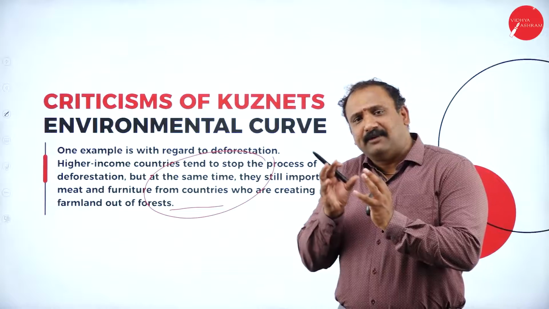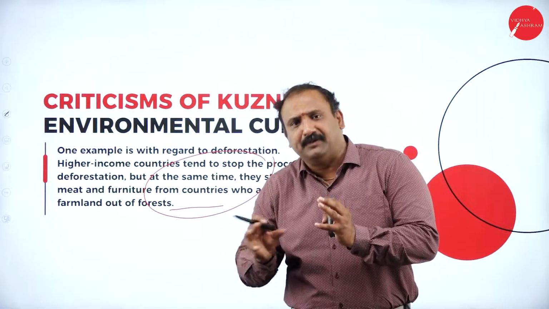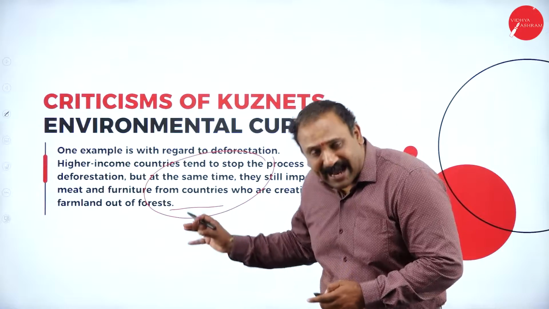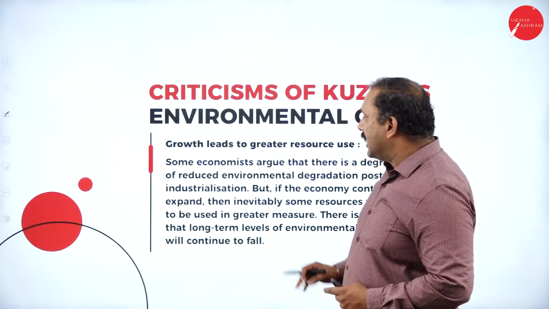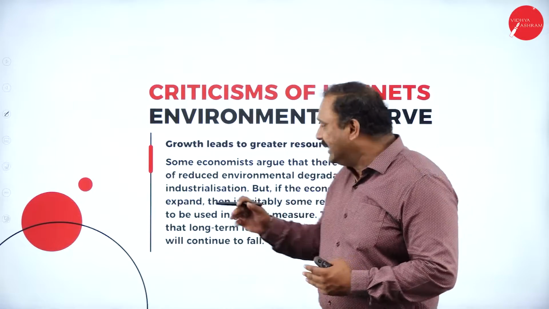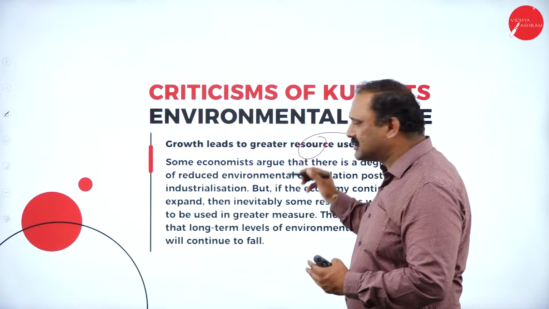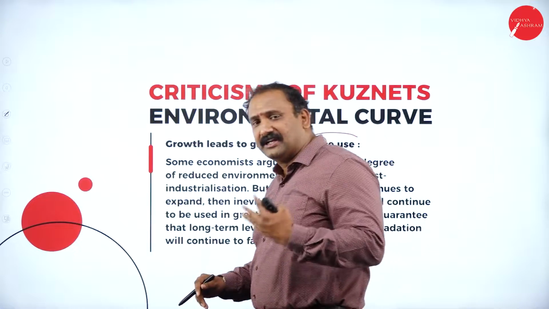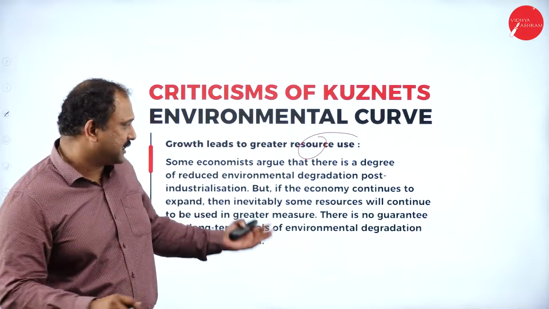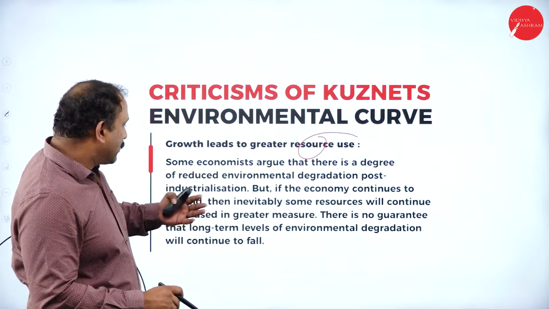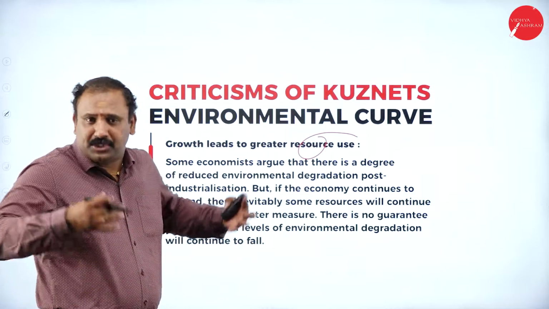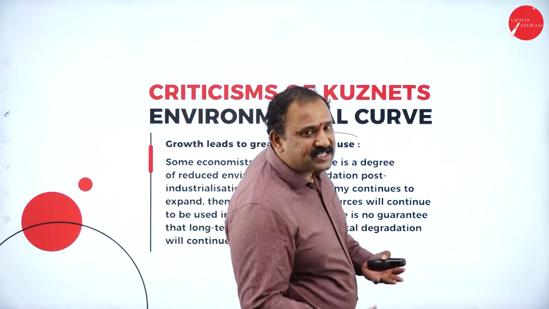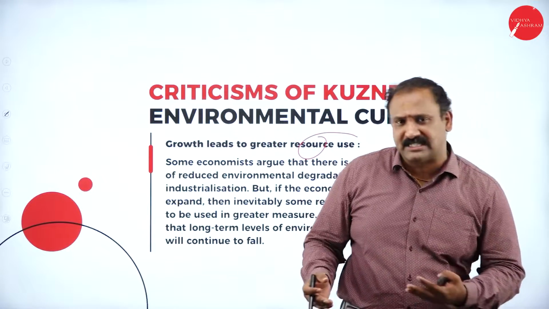So on one side, when you talk about the greenish part of it, the rosy part of it, on the other side, there are factors, there are backlashes in this theory. And the other thing is that growth leads to greater resource use. Somebody says that you can argue on the degree of the reduced environmental factors that we are talking about, but if the economy continues to expand, which is quite evident altogether, you can't expect China to be at the same pace or India to be at the same pace.